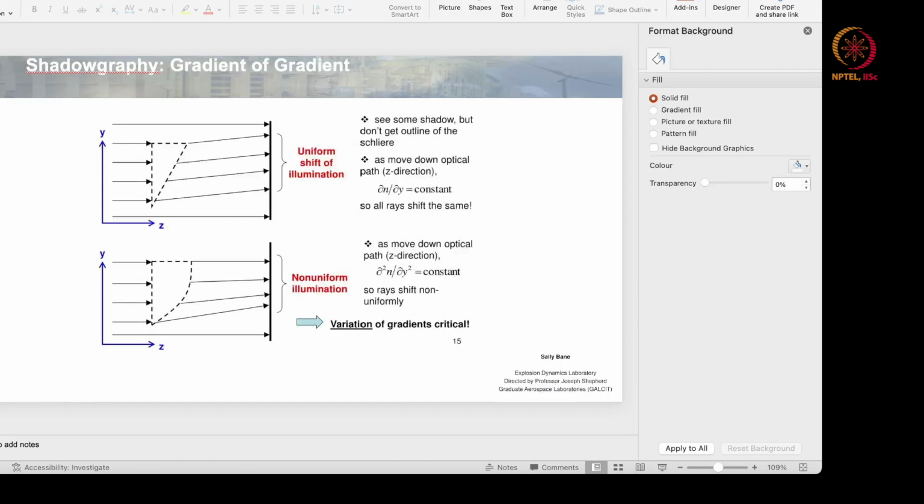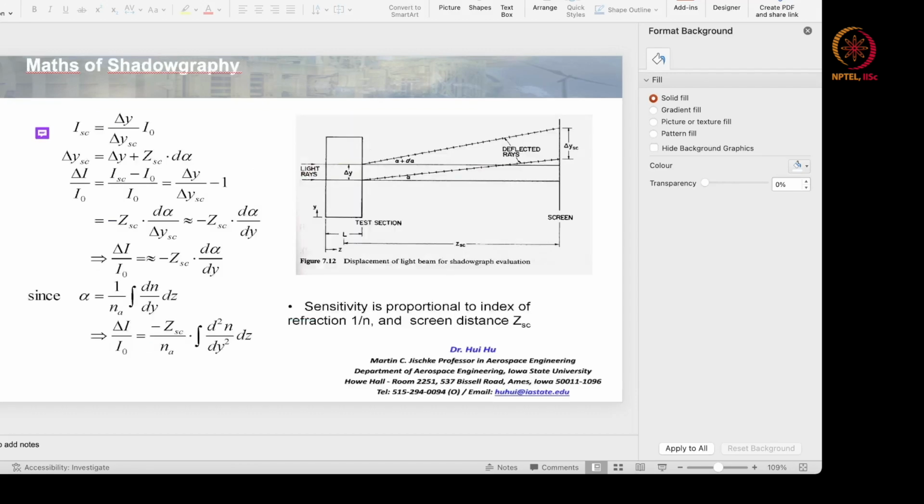I think in these two slides we have explained why it is not just a function of the variation of n with respect to y only, but the second derivative with respect to y. That is its importance here, and that is essentially the math of shadowgraphy.